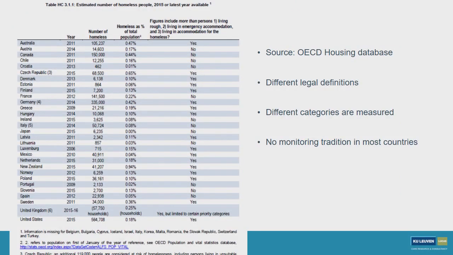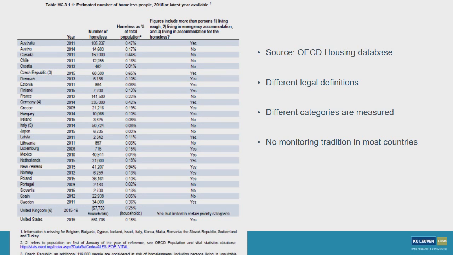This is a table coming from the OECD housing database. We all know that the OECD is a very important international institution producing statistics. And they not only produce statistics, but they also develop common methodologies to produce statistics. If you look more into detail in this table, you will see a lot of different numbers.